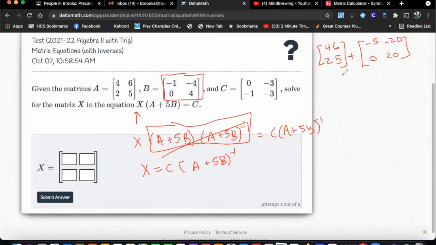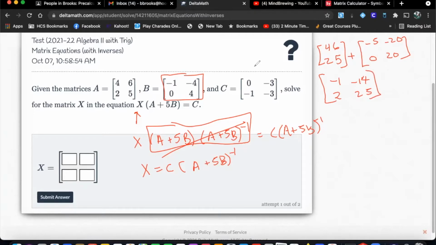And we add everything together. So we end up with 4 plus negative 5 is negative 1, 6 plus negative 20 is negative 14, then 0 plus 2 is 2, so it's 25. Cool, so that is a plus 5b.